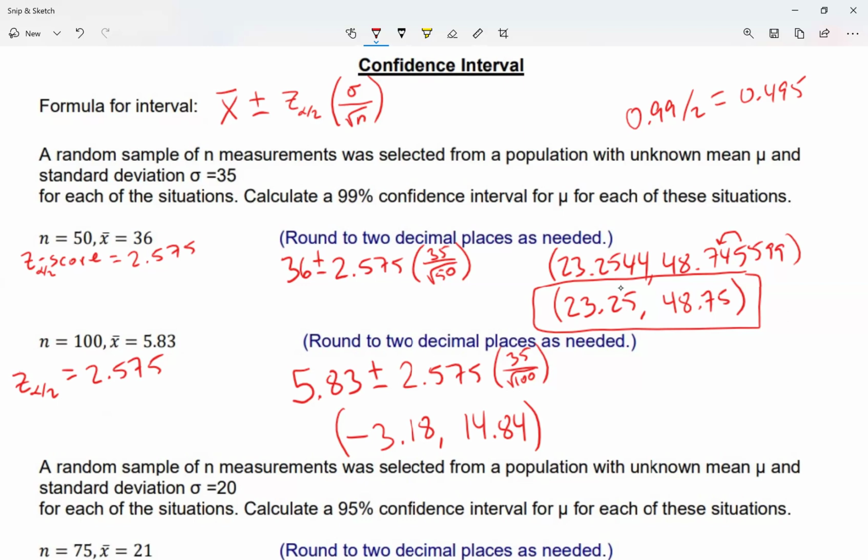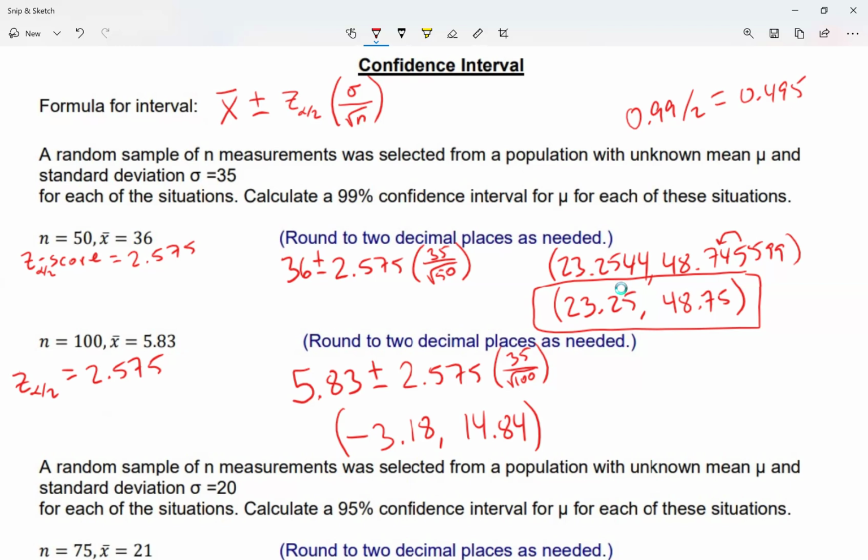So if I had 100 numbers, the average is 5.83. My standard deviation is 35. I am 99% sure that a value that I pick is going to be in between negative 3.18 and 14.84.